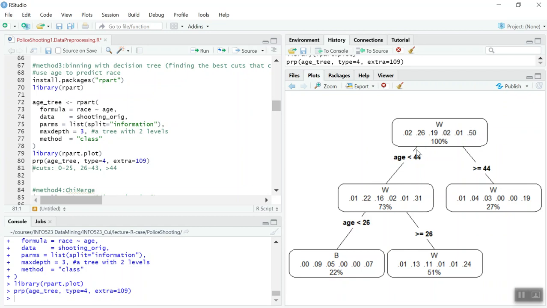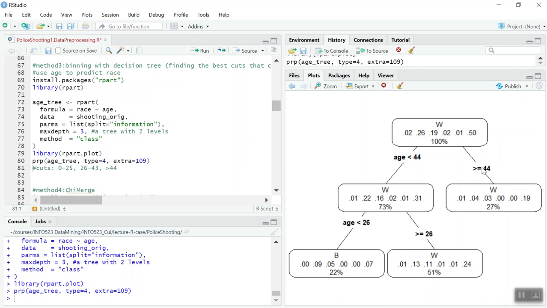Then if we cut age using 44 as the cut point, if the age is smaller than 44, we move to the second level of the tree, and this node covers 73% of the observations.